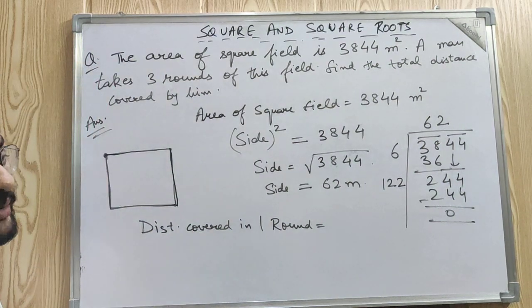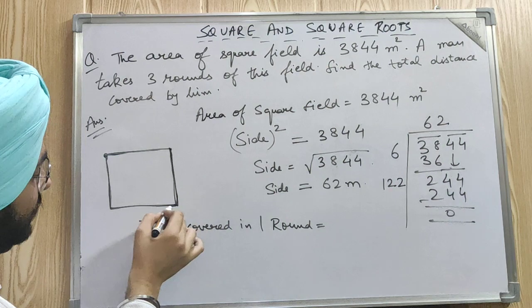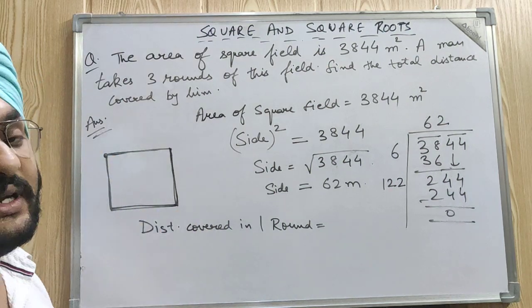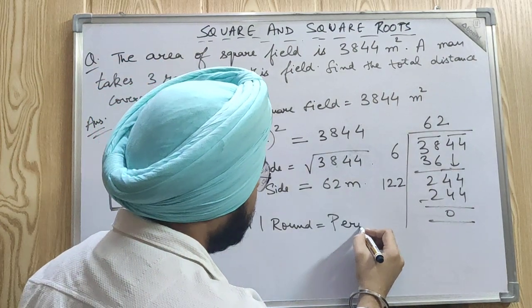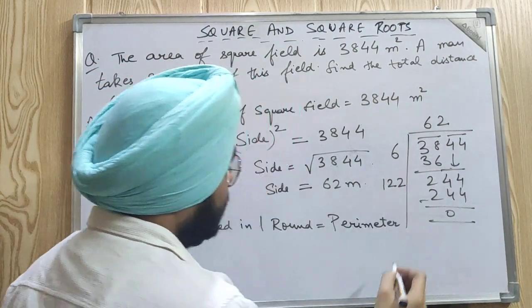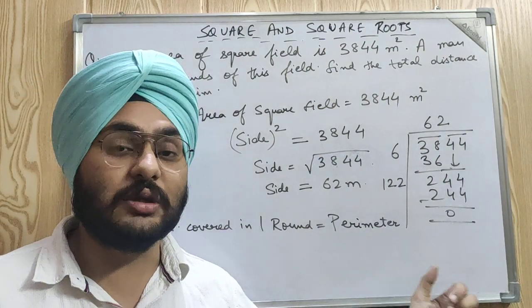How much distance is covered in 1 round? One side, second, third, fourth, and this is the sum of all sides here. And the sum of all sides is the perimeter. So the distance covered in 1 round will always be equal to the perimeter of the field.